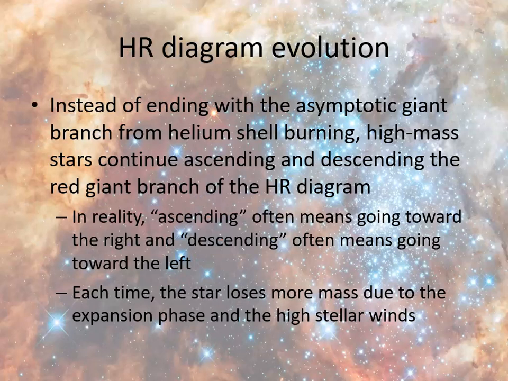Now, the situation with low mass stars, recall from the main sequence, is that they end up becoming red giants, and then they come back, and then they become asymptotic giants, etc. But in the case of high mass stars, instead of ending at the asymptotic giant branch with helium shell burning, high mass stars are actually going to continue igniting different higher elements in their cores, and then have shells around those that eventually ignite nuclear fusion with even higher order elements, etc. There's going to be a nice onion diagram that we're going to get to relatively soon.